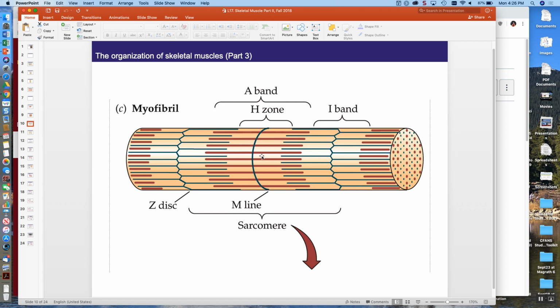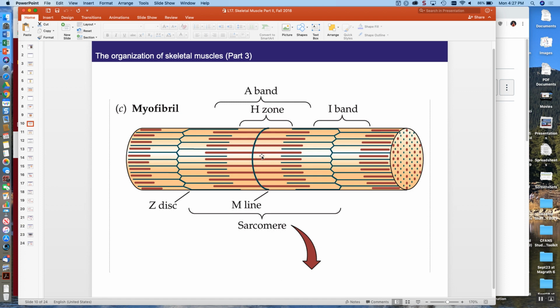With contraction, the I band gets smaller and smaller until it disappears.